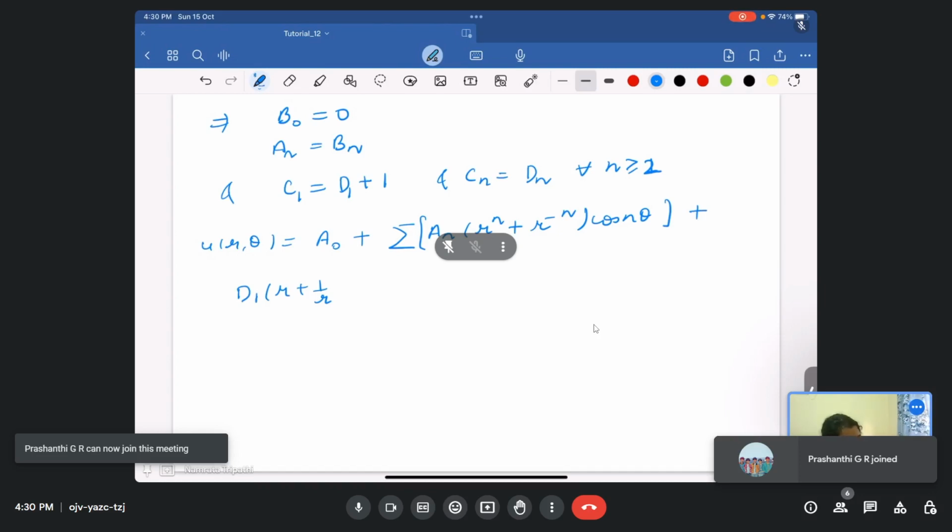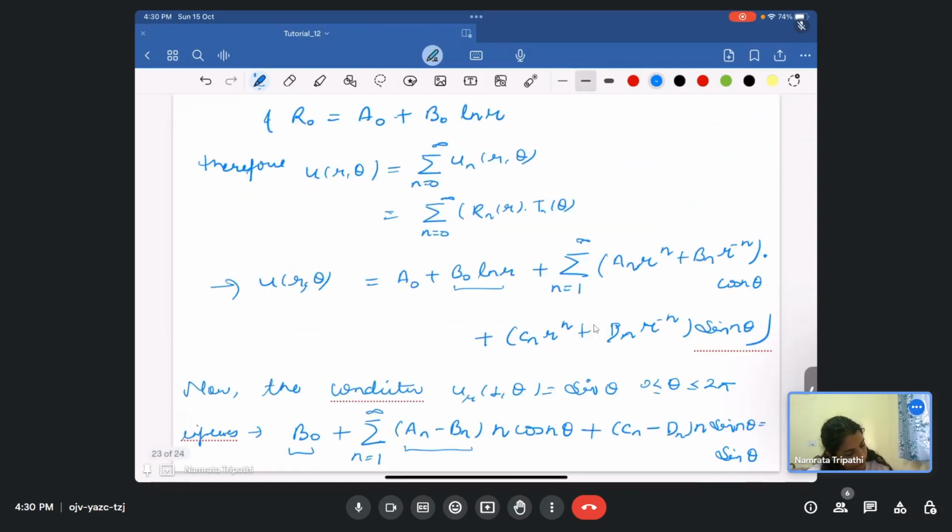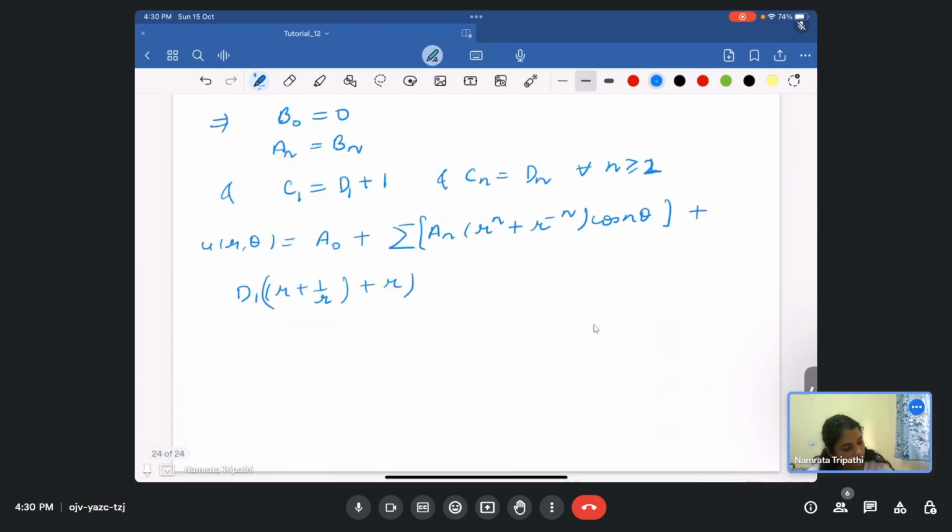So the solution is, after applying these conditions, the first term is from here. cn is equal to dn for n greater than or equal to 2, but for 1, c1 is equal to d1 plus 1.